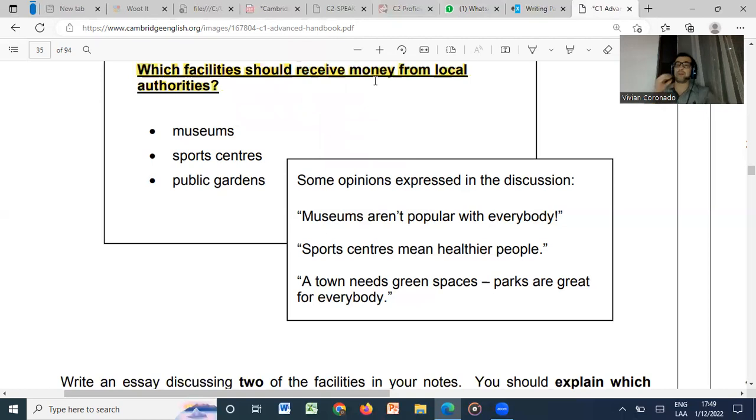In this case, we can maybe start our introduction by explaining why we think that certain facilities should receive money from the authorities, maybe also just give reasons. Something very important that I forgot to tell you: don't use first person until the conclusion.